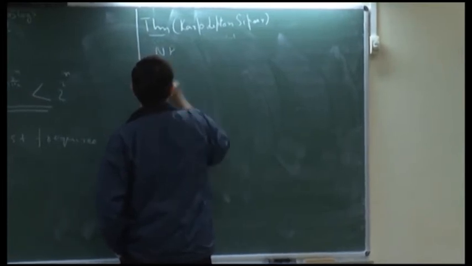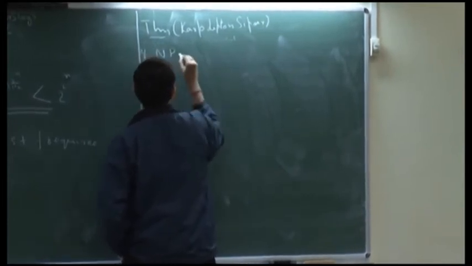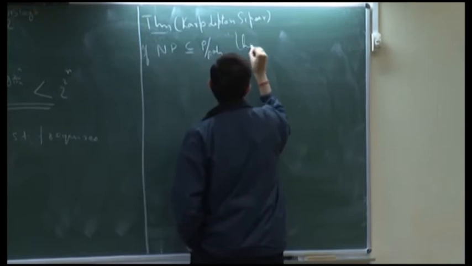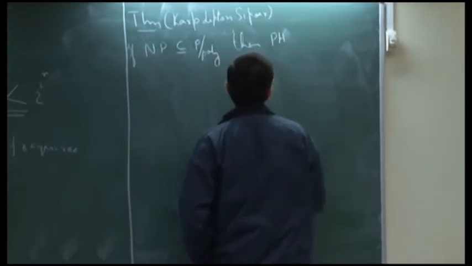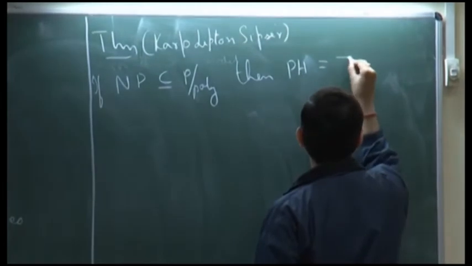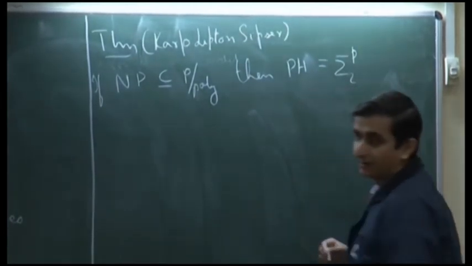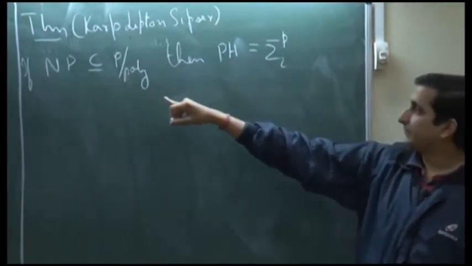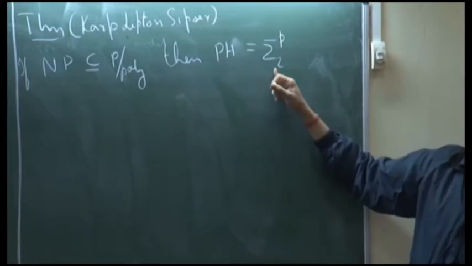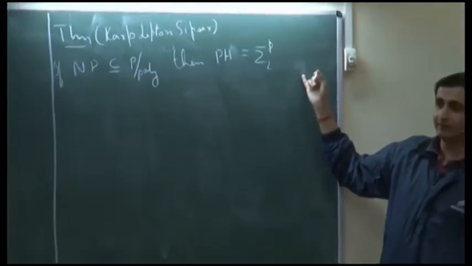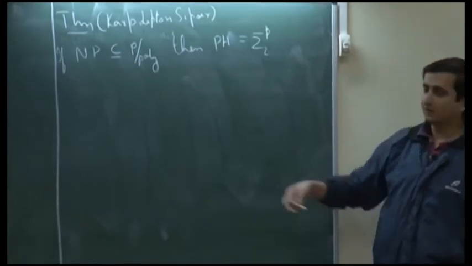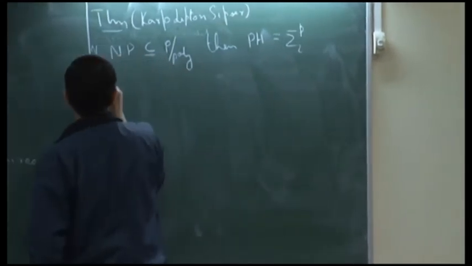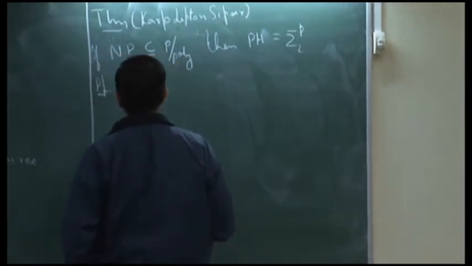What they showed was if NP is contained in P/poly, then the polynomial hierarchy collapses to the second level. Okay. Actually, what Karp and Lipton showed in 1980 was that if NP is contained in P/poly, then the hierarchy collapses to the third level, that is sigma 3p, and then subsequently Sipser improved it to sigma 2p. Okay, so let us see how we can prove this.